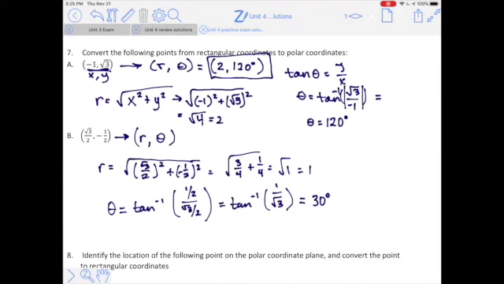But again, we need to consider where this would be. So this would be an angle in quadrant 4. So then 30 degrees is a reference angle. So I'm going to say that to make this into quadrant 4, we can call this negative 30. So theta actually equals negative 30 degrees.